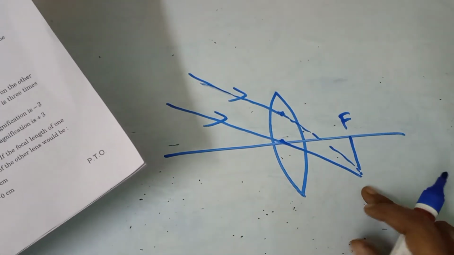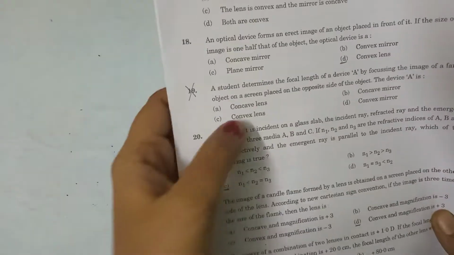So convex lens is the right answer. C is the right answer.